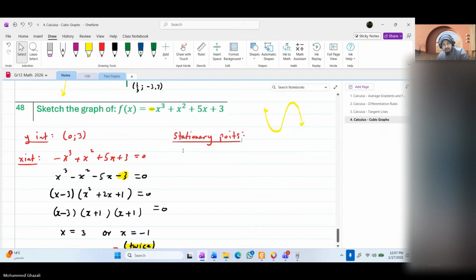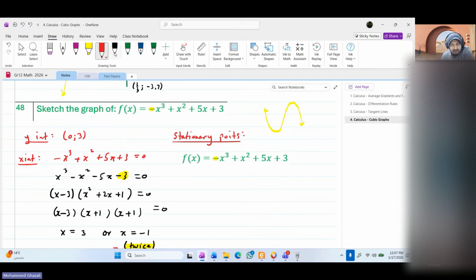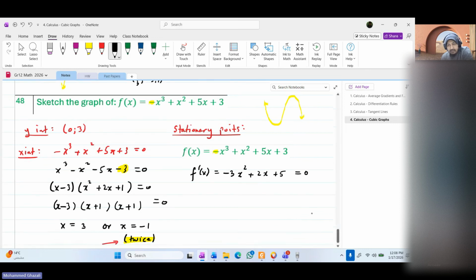So f prime x equals -1 times 3 is -3, take away 1 from the power, x squared. 2 times 1 is +2, take away 1 from the power, x. Derivative of 5x plus 3 is just 5, equals 0, right?